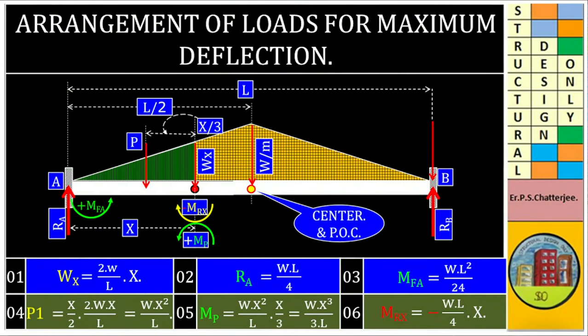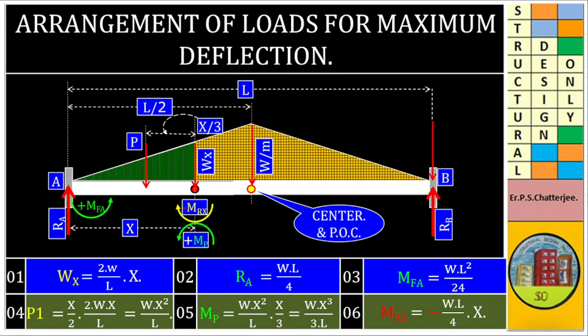Say at a distance x, load is equal to 2Wx by L. Reaction RA is equal to WL by 4. MF is equal to WL square by 24.